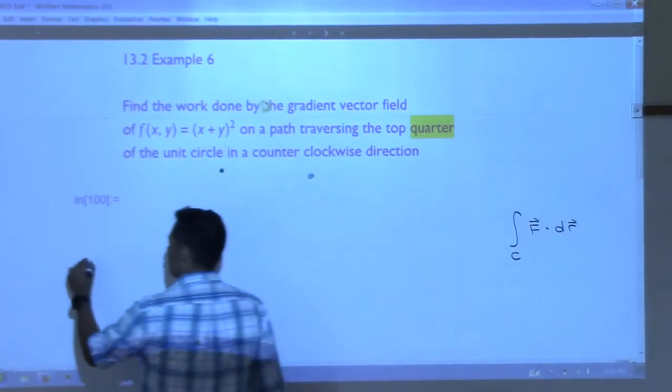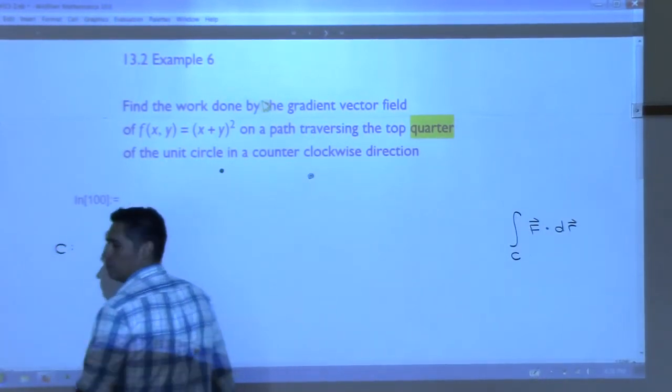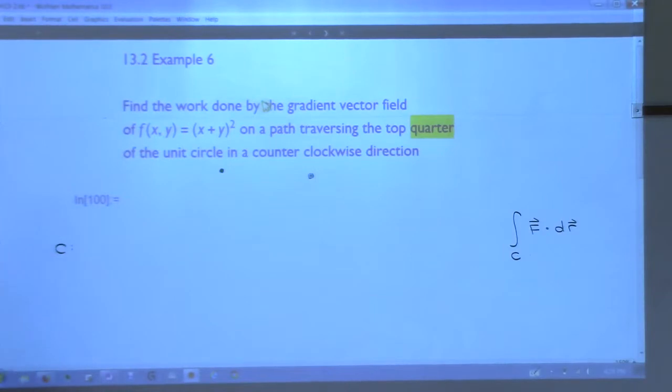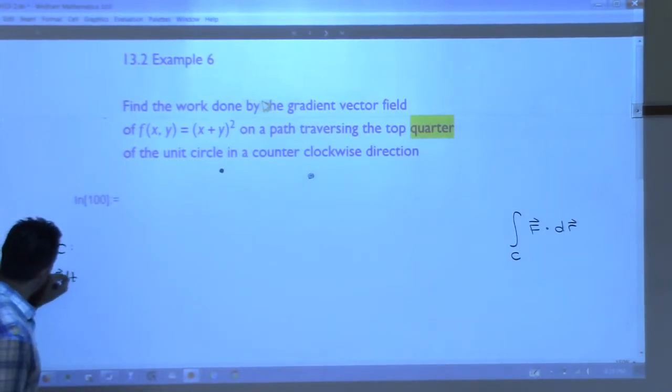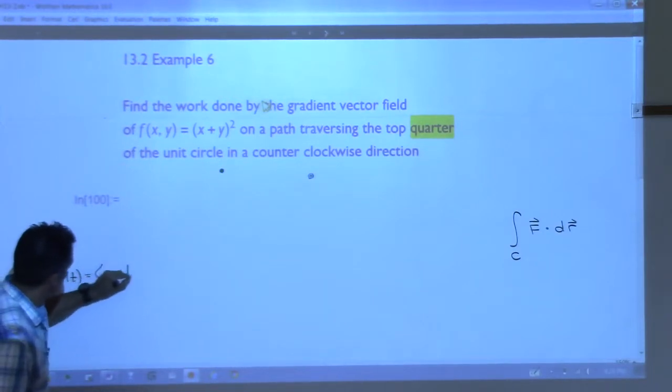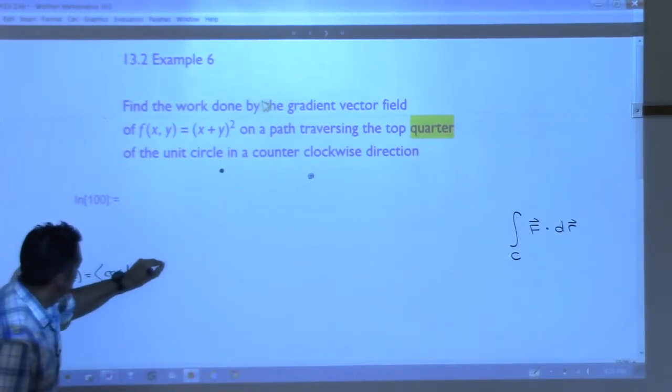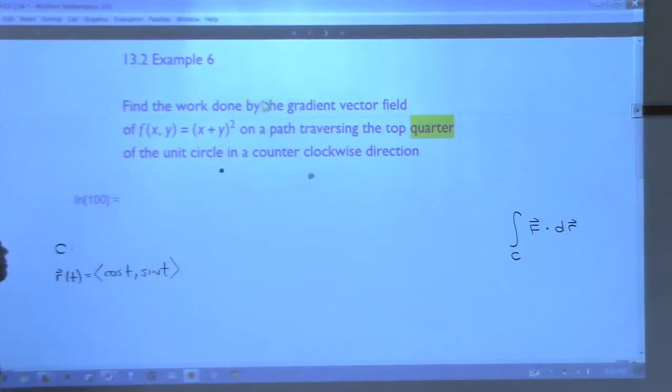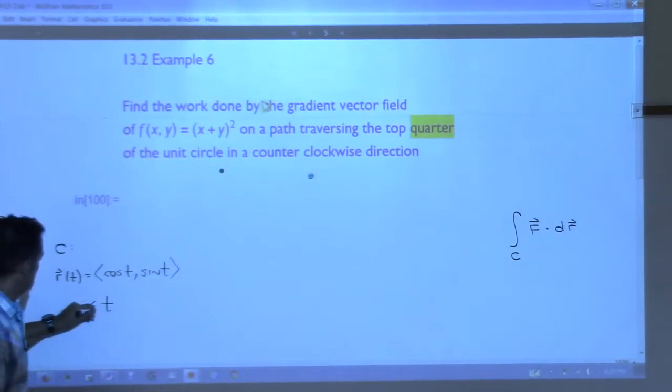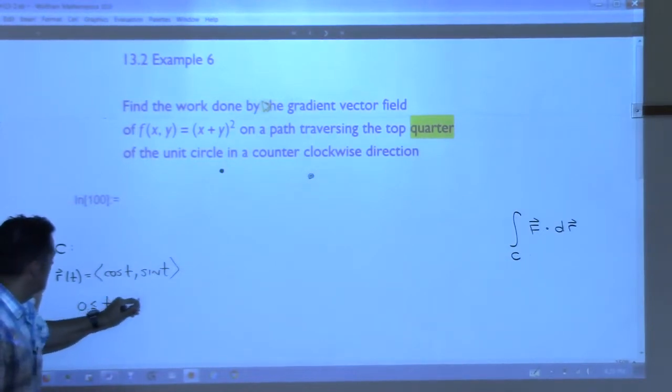Okay, so you want the path? r of t is cosine t, sine t. That'll draw me the unit circle. We want the unit circle top quarter counterclockwise direction. t from 0 to pi halves.